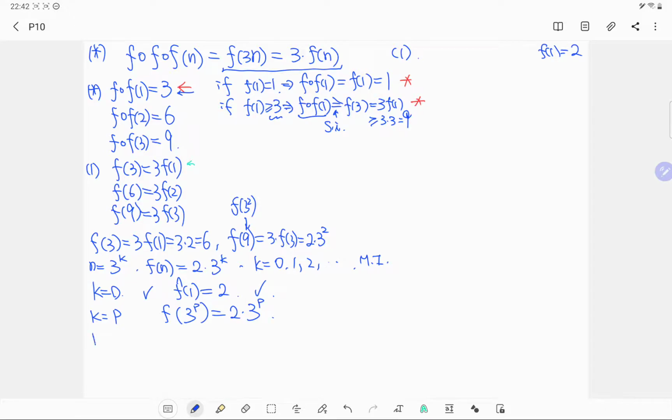Then for k equals p plus 1, f of 3 to the p plus 1 power, using equation 1, we should have 3 times f of 3 to the pth power, which is 3 times 2 times 3 to the pth power, which is 2 times 3 to the p plus 1 power. So actually, we proved this one.